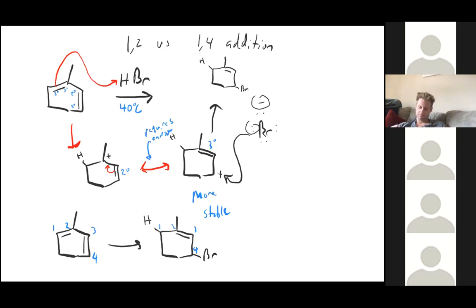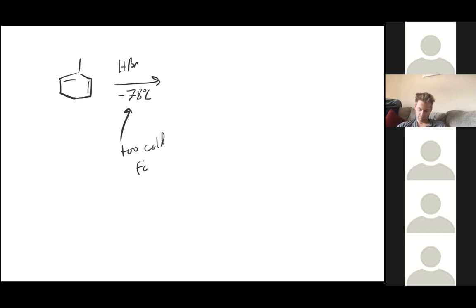But if we take the same concept, so we add an HBr, and we do it at something like minus 78 degrees Celsius. This is going to be so cold that resonance doesn't exist. We're just going to pick up this proton here.